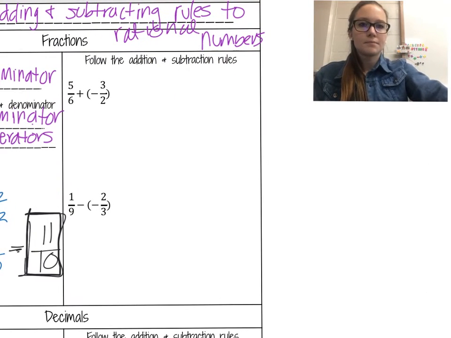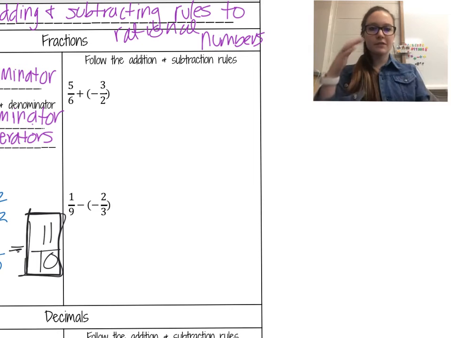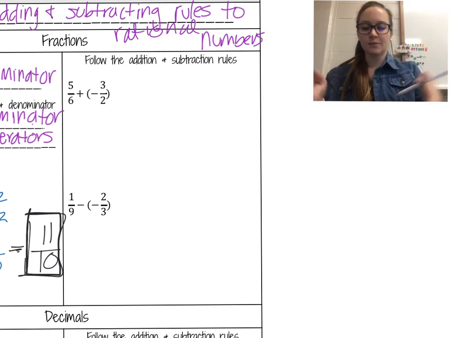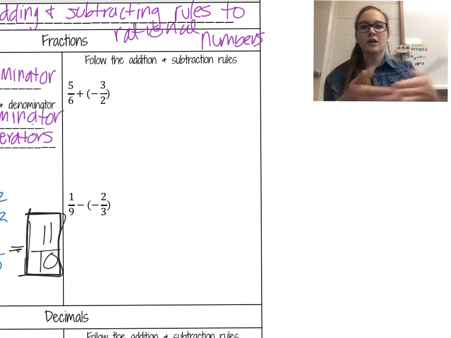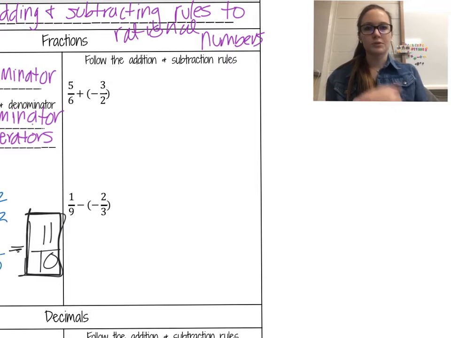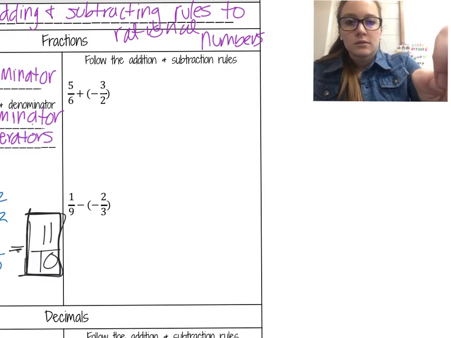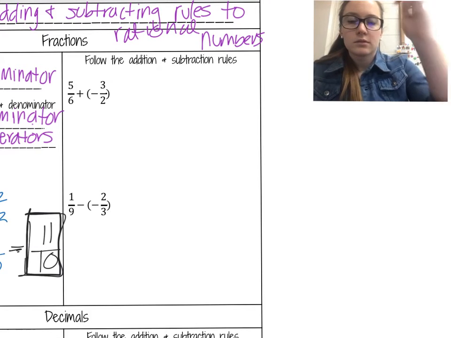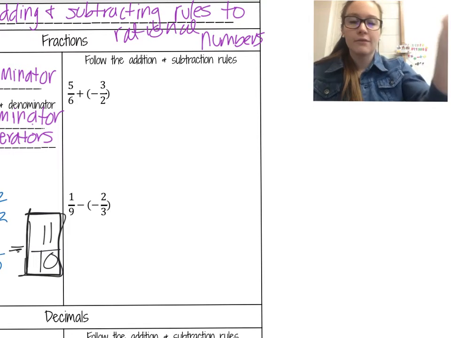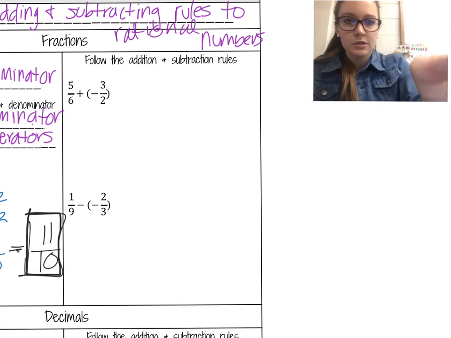Okay? So even if they're negatives, we're going to follow that same process and then add our addition and subtraction rules. Okay? So I'm going to make them have a common denominator first. I'm going to choose a thinner pencil. So I know that 2 times 3 is 6.